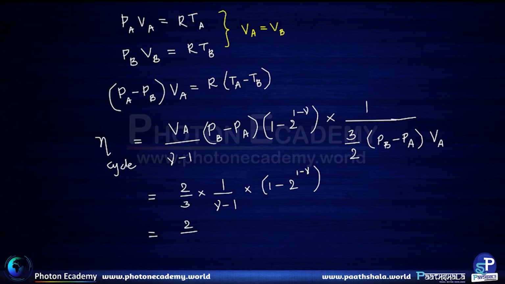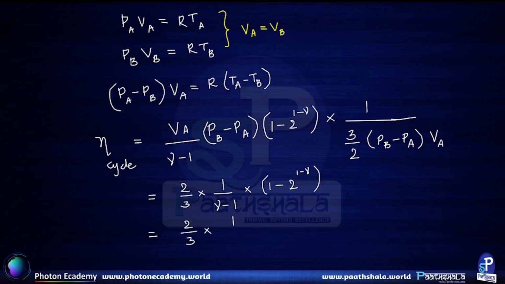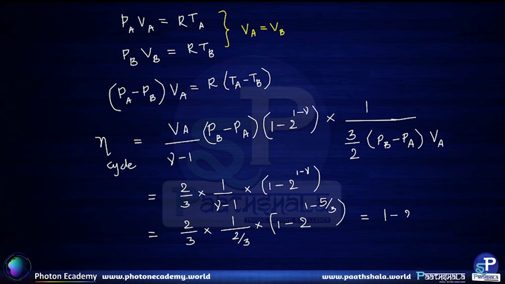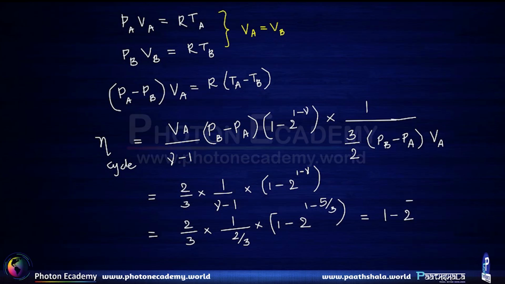So this is going to become 1 by 2 by 3 into 1 minus 2 power 1 minus 5 by 3. So this is equal to 1 minus 2 power minus 2 by 3. So this is the final value of efficiency of the cycle.